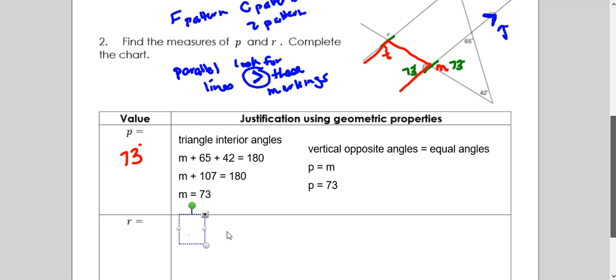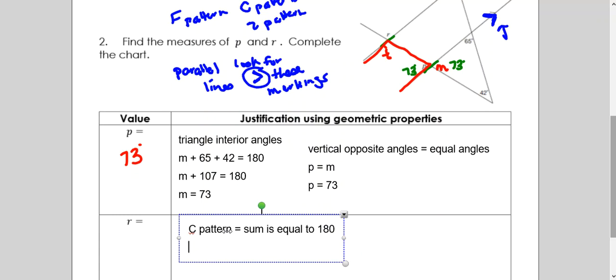The C pattern says that the sum is equal to 180 degrees. If I take 73 plus T equals 180, I can work backwards to say that T is 107.